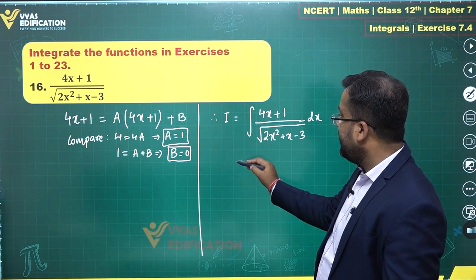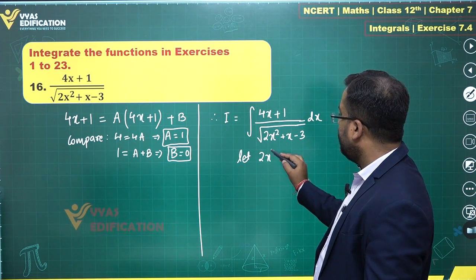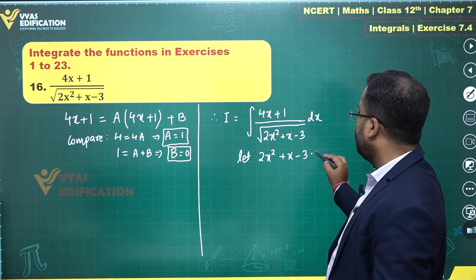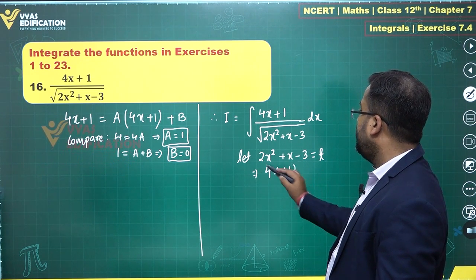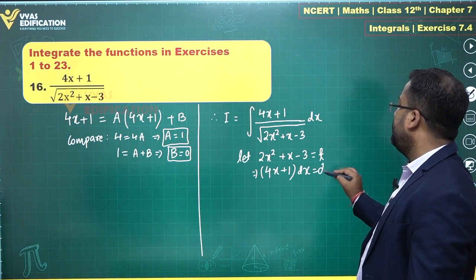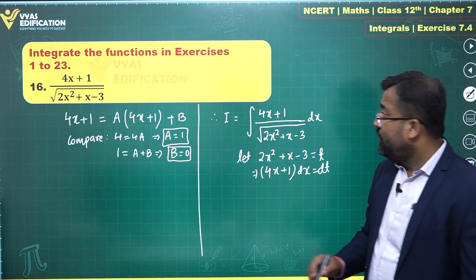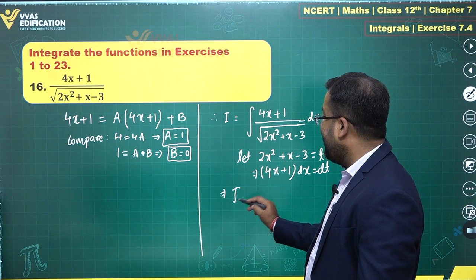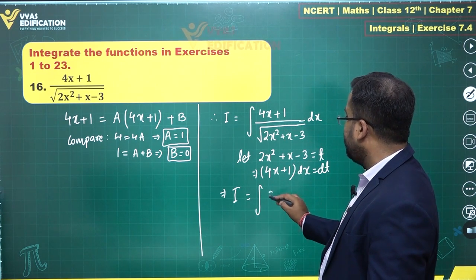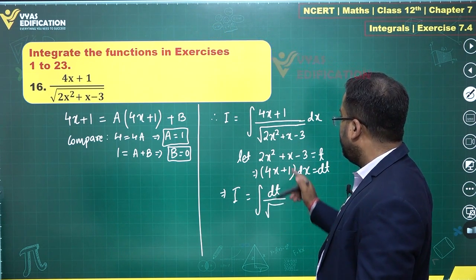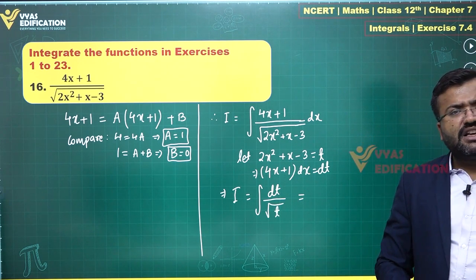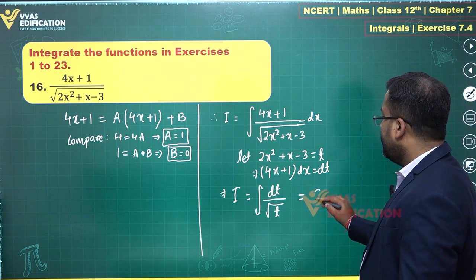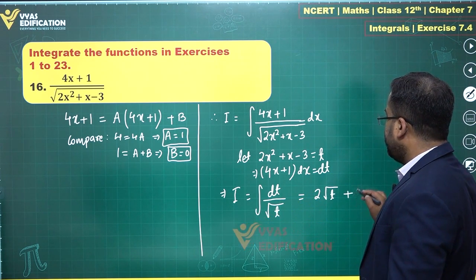Let 2x square plus x minus 3 equal t, which makes (4x plus 1) dx equal to dt. So I is equal to the integral of dt upon under root of t. And the integral of t power minus half is 2 root t plus a constant.